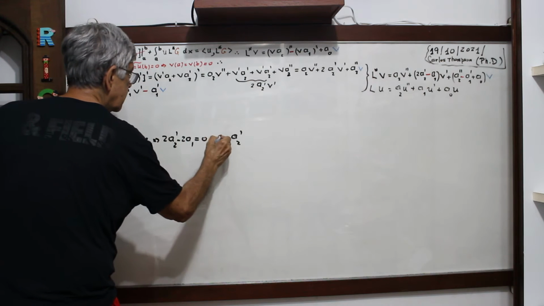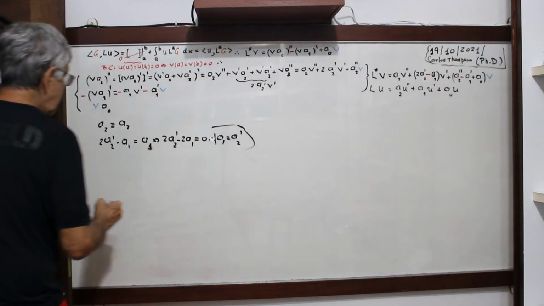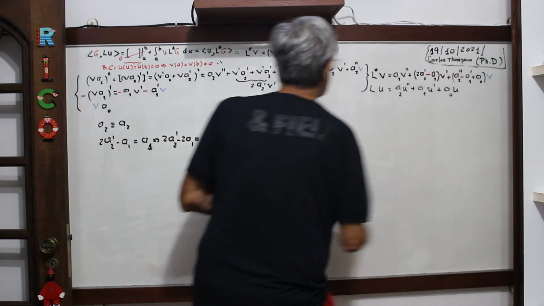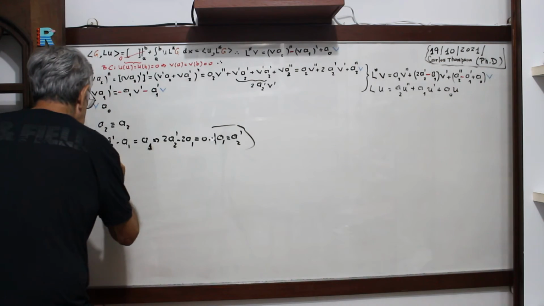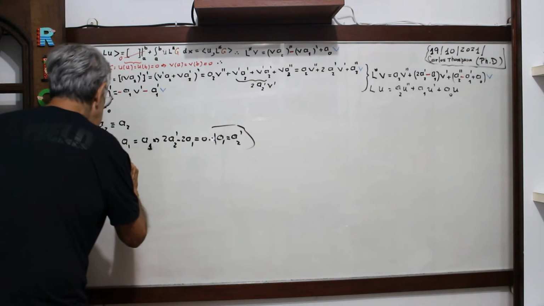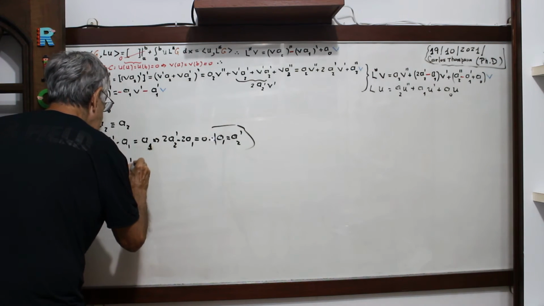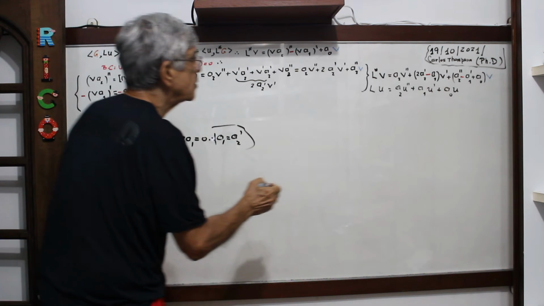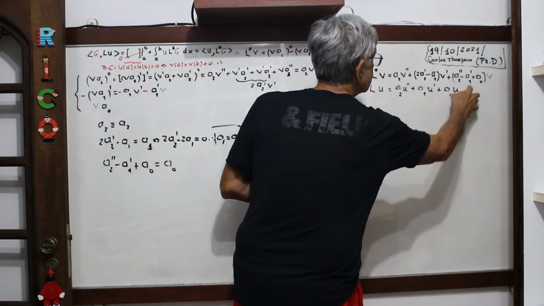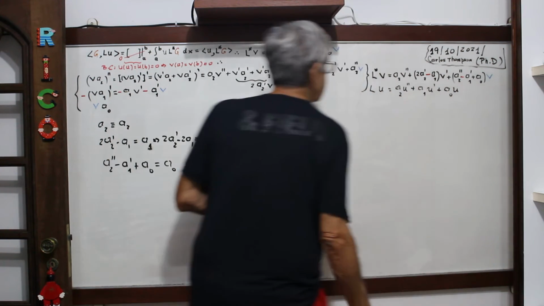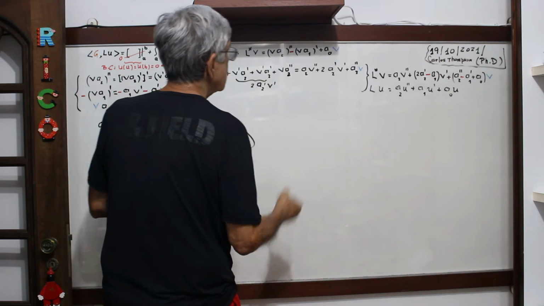From here I have A2 prime minus A1 prime plus A0 is equal to A0. This has to be A0, the same, because L is equal to L star.